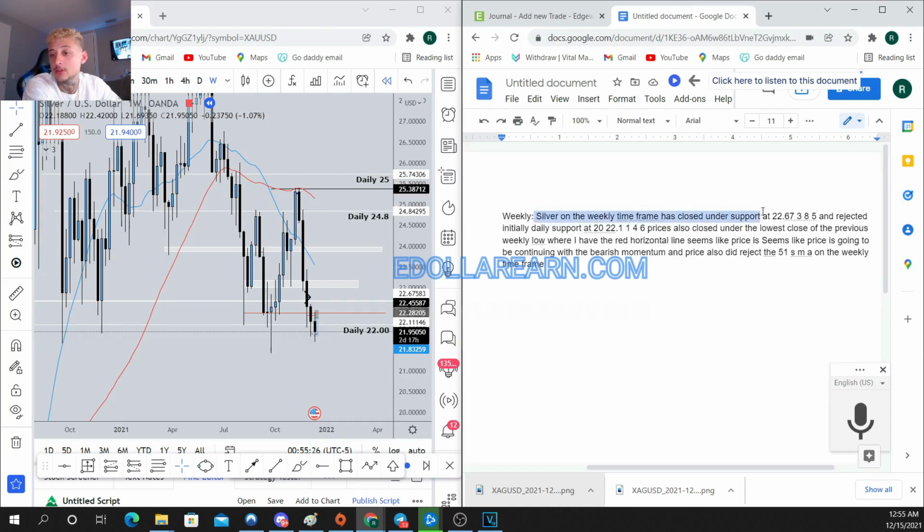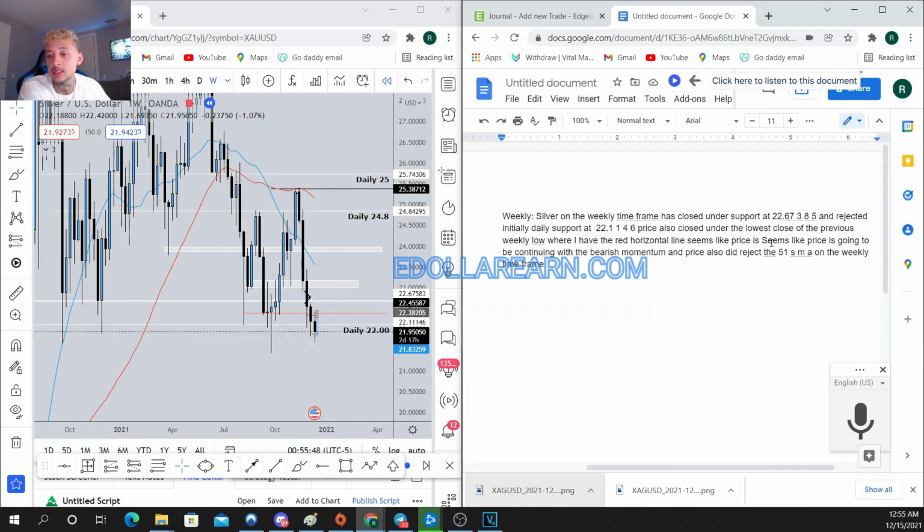Silver on the weekly time frame has closed under support at 22.67385 and rejected initial daily support at 22.1146. Price also closed under the lowest close of the previous weekly low where I have the red horizontal line.